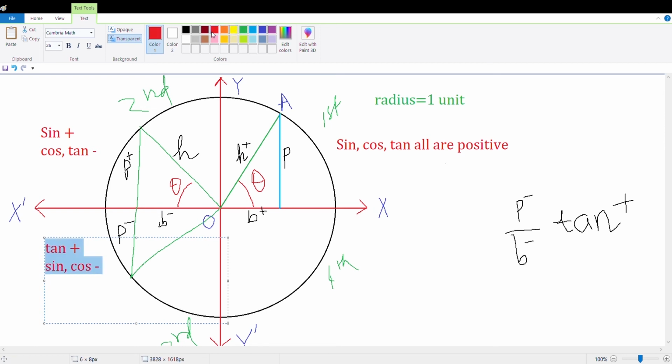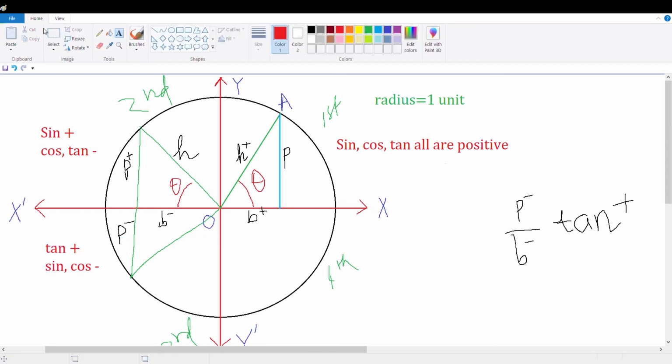So next, fourth quadrant. In fourth quadrant, wait, let me draw. In fourth quadrant, suppose I'm drawing, this is radius and I'm taking this one. In fourth quadrant, can anyone tell me what will be the perpendicular value? Perpendicular positive or negative?